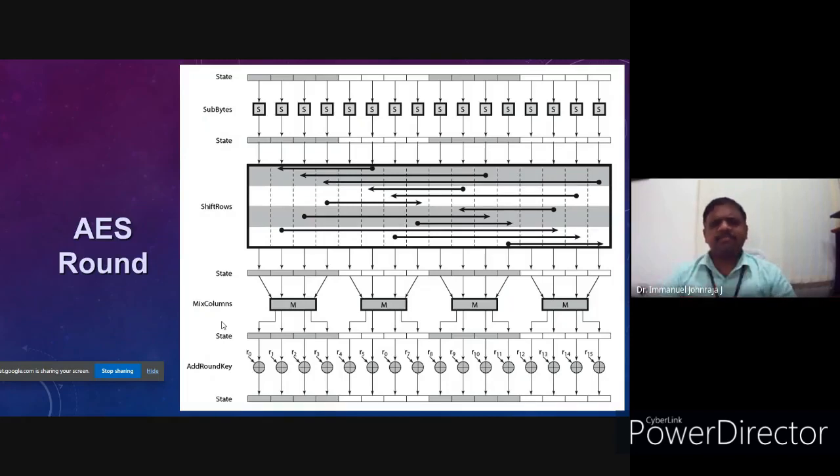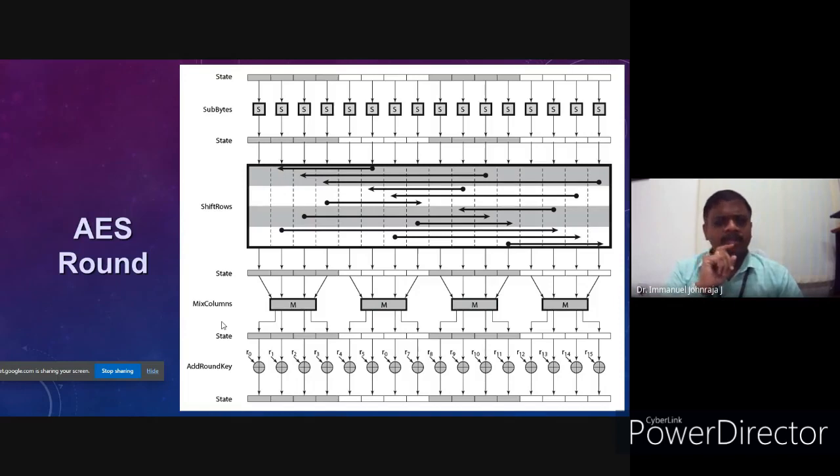All right, so a very simple diagrammatic representation of an AES round, but we know AES has 4 important operations: substitute bytes, shift rows, mixed columns, and add round key. Okay. In the 10th round, you don't have the mixed column, but all the other operations are there. And the key is also scheduled, the key is expanded and given.